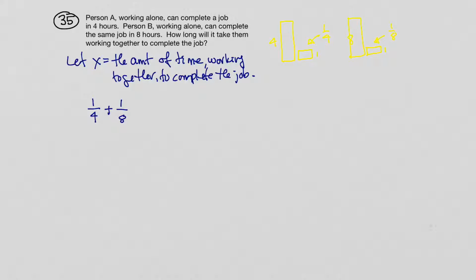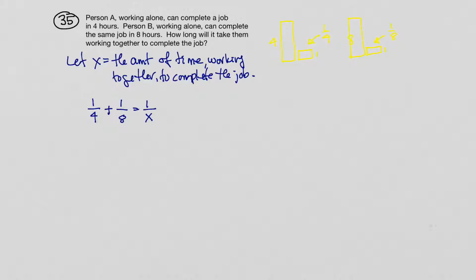In 1 hour, person A can do 1/4 of the job, getting help from person B, and in 1 hour, person B can do 1/8 of the job, and together, in 1 hour, they can complete, now this might sound strange, they can complete 1/x of the job.